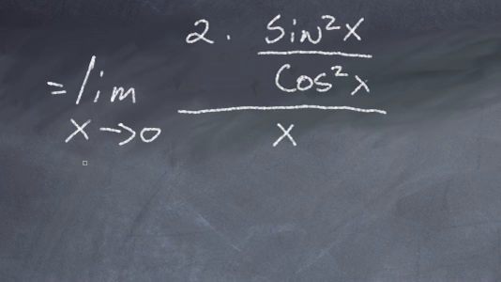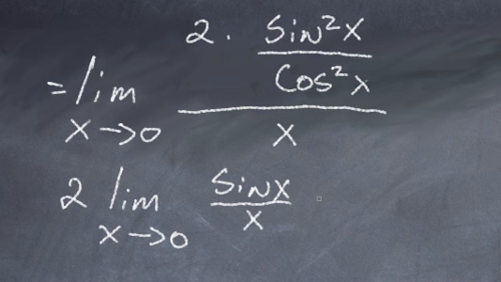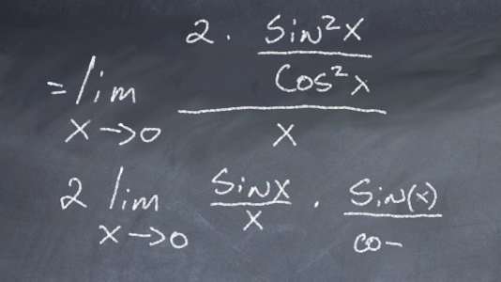Alright, so now I'm going to break this up. I'm going to take this 2 and bring it out front. So we're going to skip some of the intermediate steps, and hopefully you can keep up with that. I can rewrite this as sine x over x times sine x over cosine squared x.